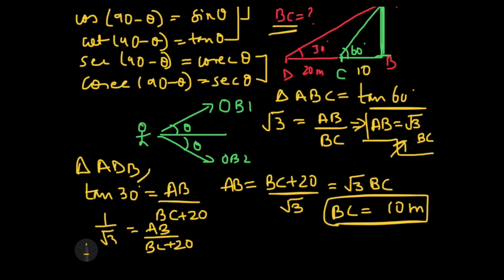That is the distance between the point of elevation at 60 degrees and the tower, 10 meters. Now, can we find out the height of the tower? Of course, use the first formula: AB is equal to root 3 times BC. So 10 root 3 meters is the height of the tower. That's what we needed, right?